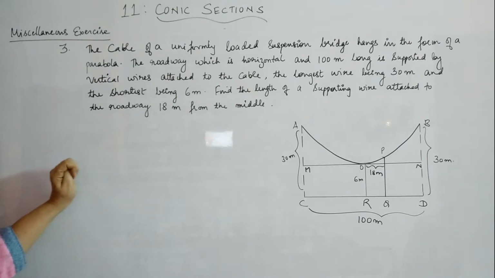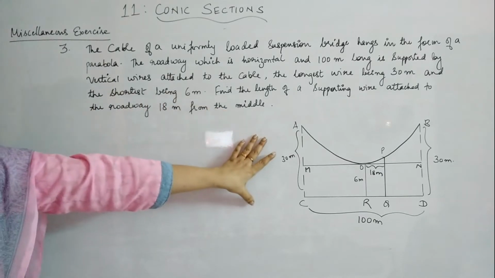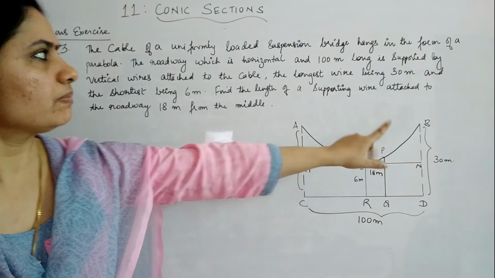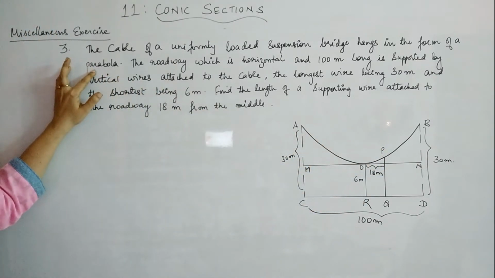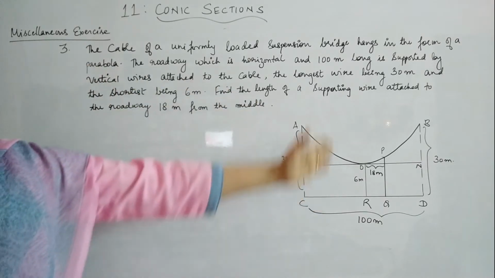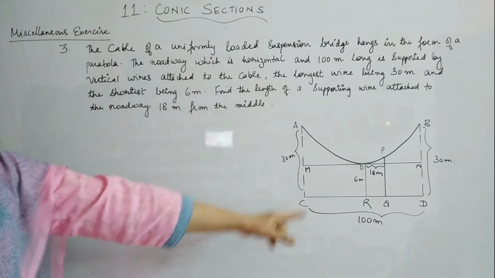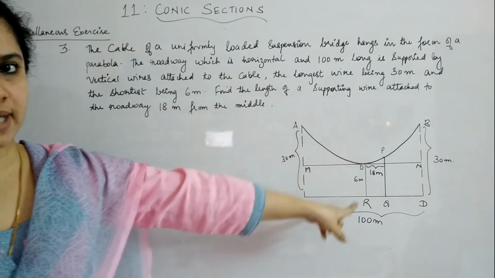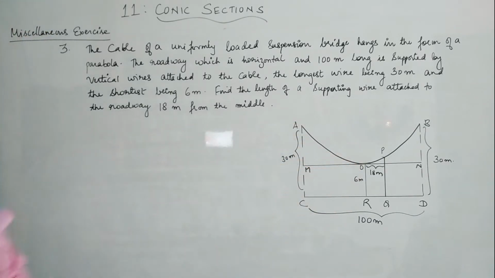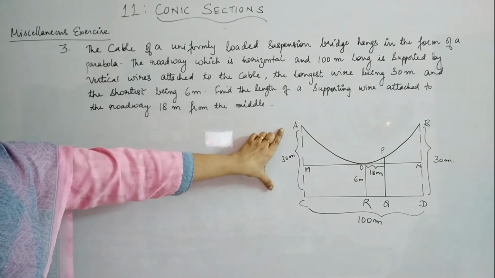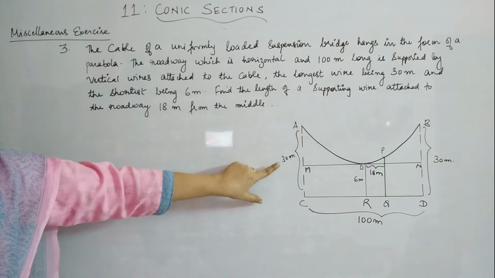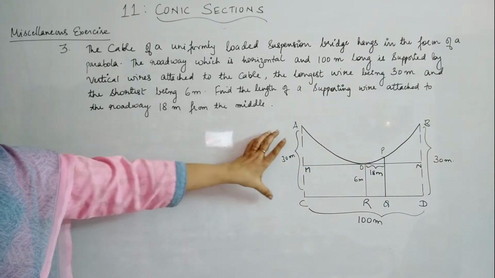From this middle point 18 meter away, what is the length of the wire which is attached as the supporting wire? So what we have done in the figure is parabolic shape, right? That is given in the question. Now the axis is taken as the y-axis. So this one is acting as the y-axis. O is the vertex. Now AC and BD both will be of 30 meter length. They are the longest wire.